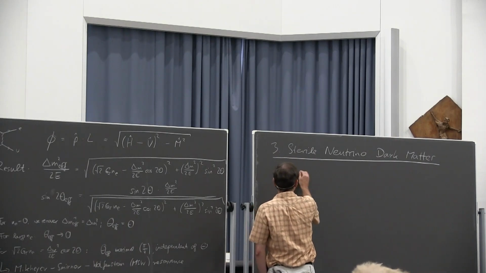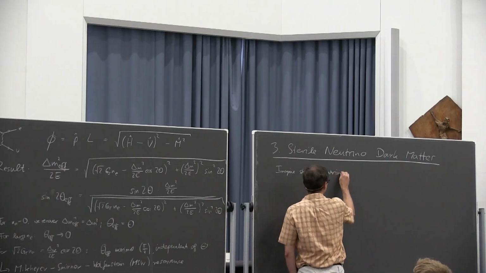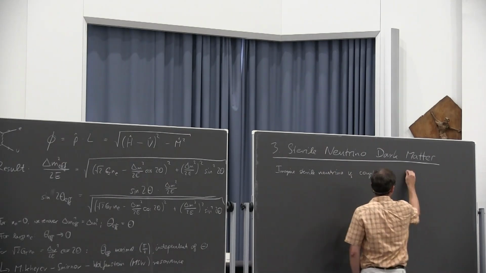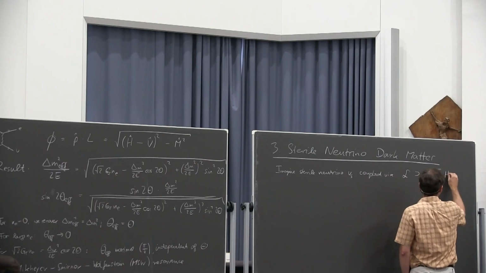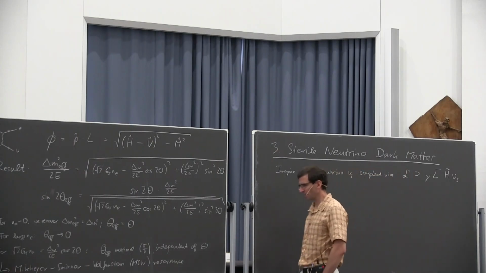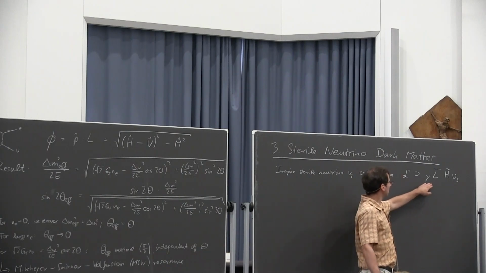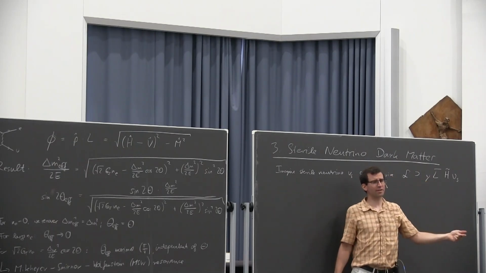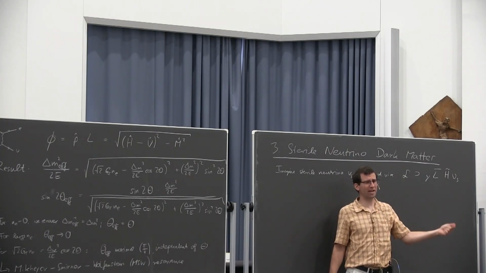So imagine we have a sterile neutrino nu S coupled via the neutrino portal. So we have some Yukawa coupling, L bar, H twiddle, nu S. Then, if that's the only way the sterile neutrino talks to the standard model, in order to make this a successful dark matter candidate, we need a coupling here that is large enough to produce the sterile neutrinos in the early universe, but at the same time, small enough for them not to have decayed yet.